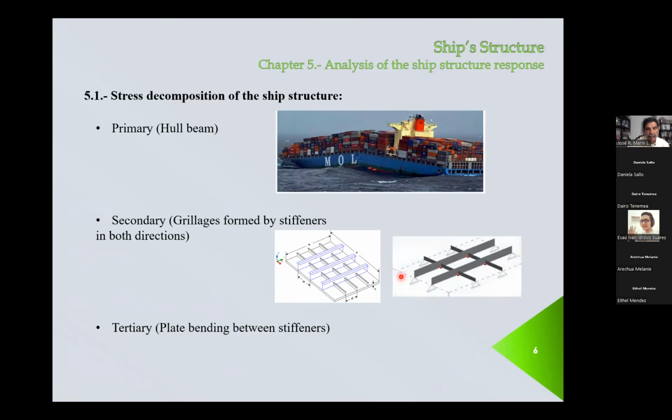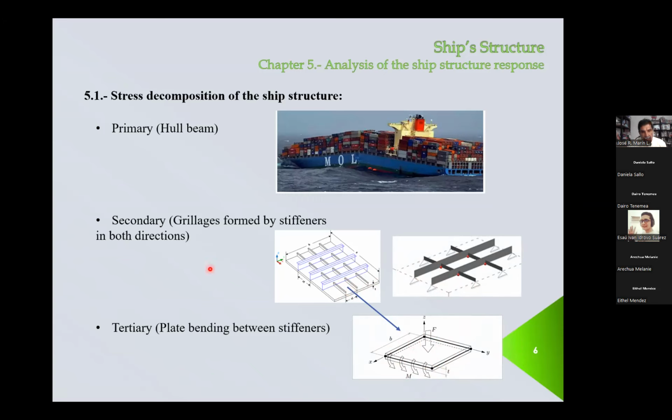And finally, well, this is a model. If we consider this space, this plate between longitudinals and transversals, it's basically a rectangular plate, isotropic, and we can apply load and we can find the normal stress distribution.